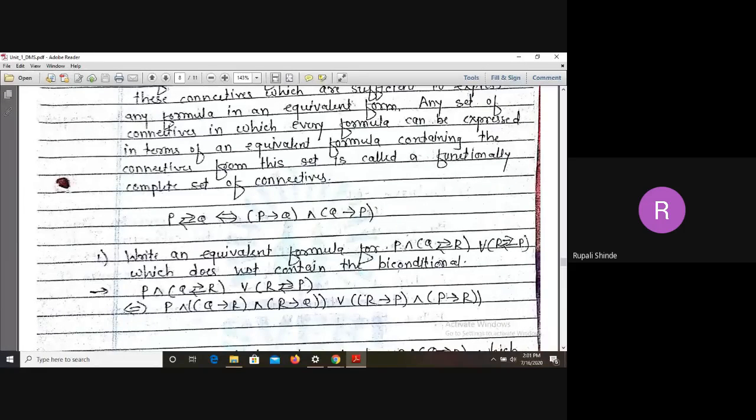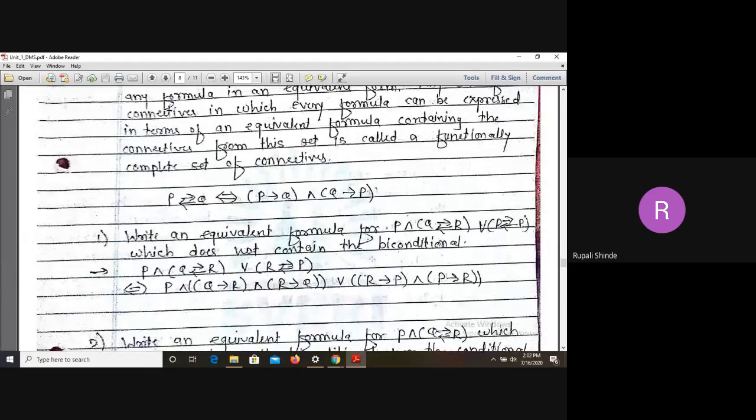So (P and Q) conditional R and R conditional Q. This is the removal of this first biconditional, or again we have to remove this second biconditional as R conditional P and P conditional R, because we already know that P biconditional Q is equivalent to P conditional Q and Q conditional P.